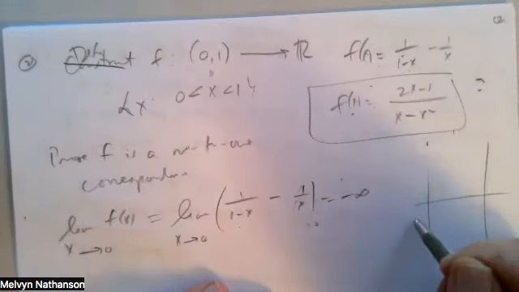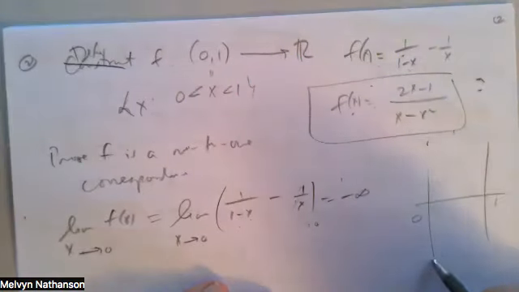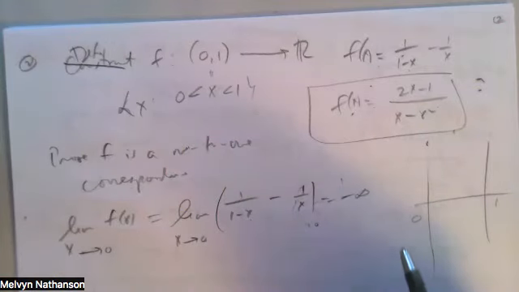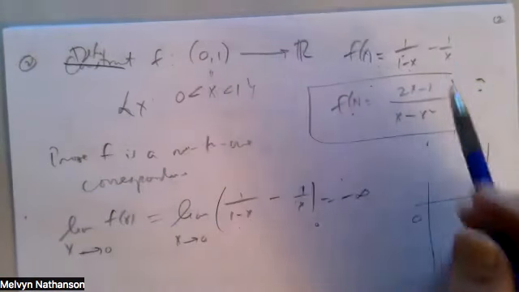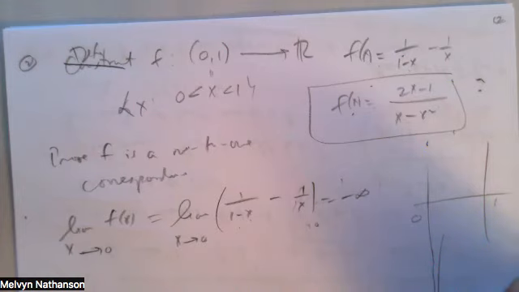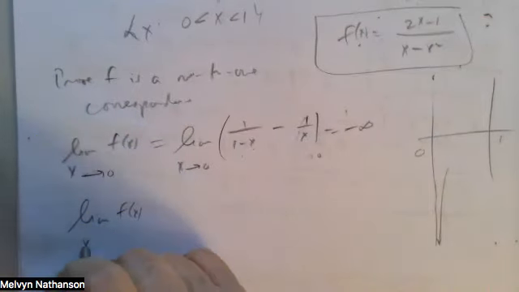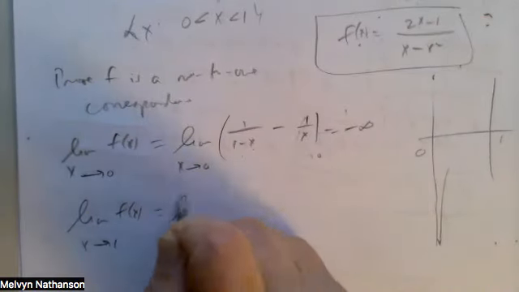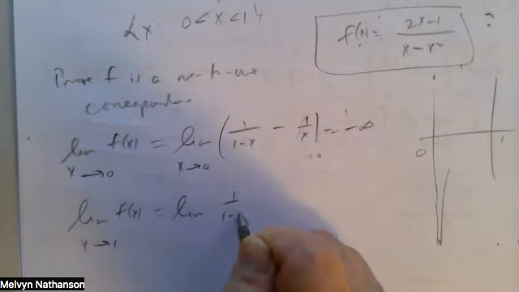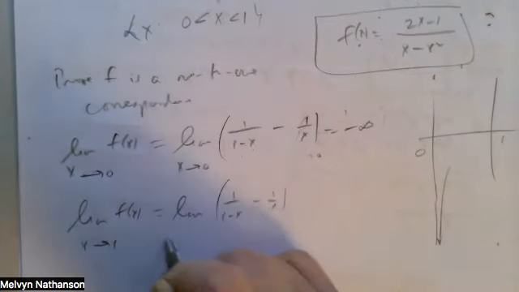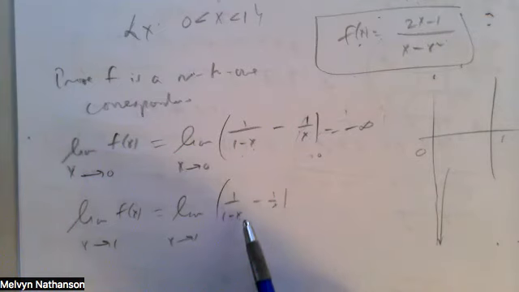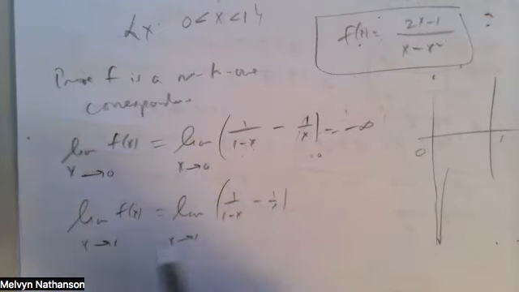If you look at the graph of this function from 0 to 1, it's going to minus infinity, like that. What is the limit of f of x as x goes to 1? That's the limit of 1 over 1 minus x minus 1 over x as x goes to 1 from below.